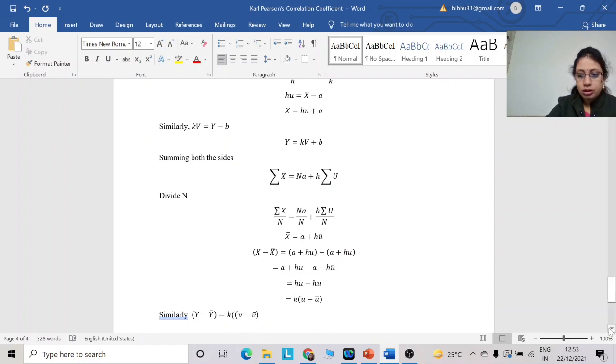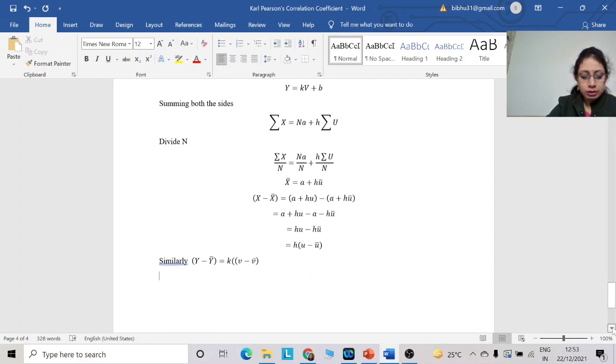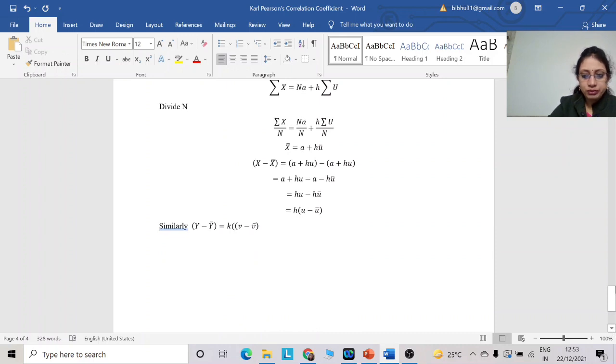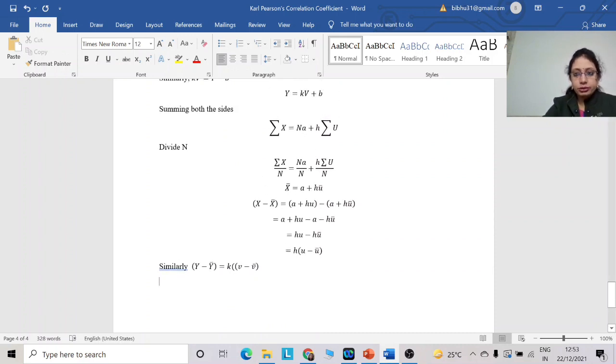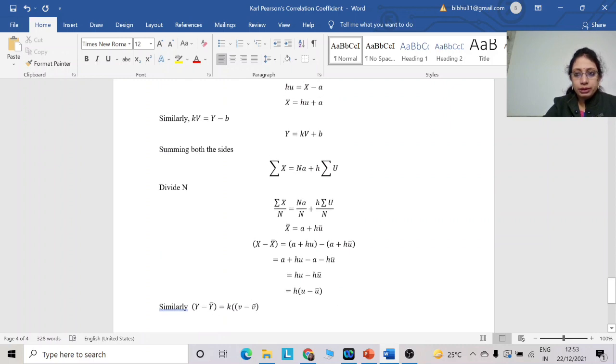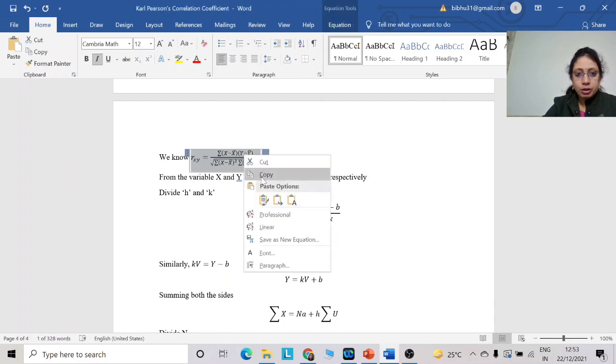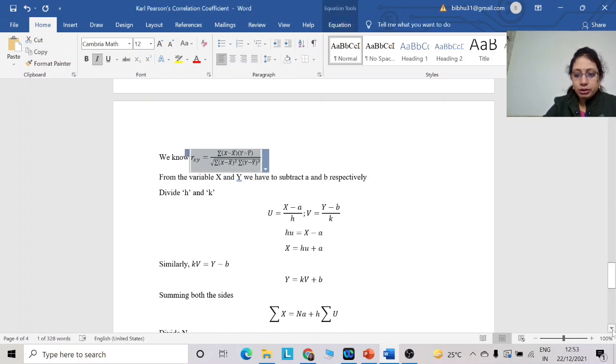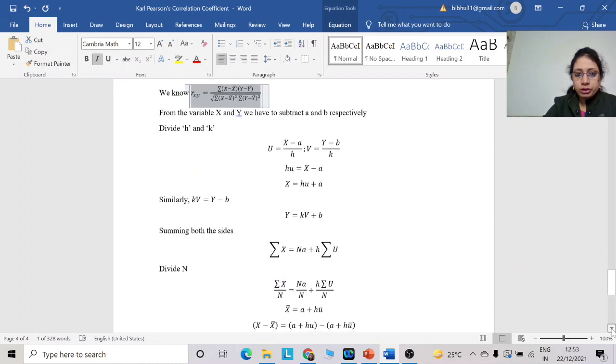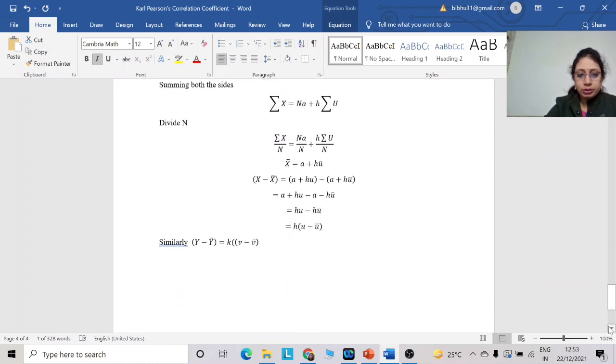Now rewrite our previous, the first formula which we had written. So let me rewrite this formula. Rxy is equal to summation x minus x bar into y minus y bar. Okay.